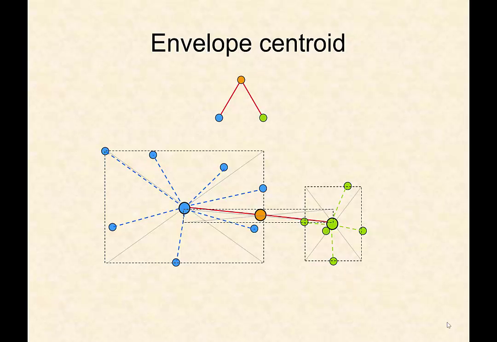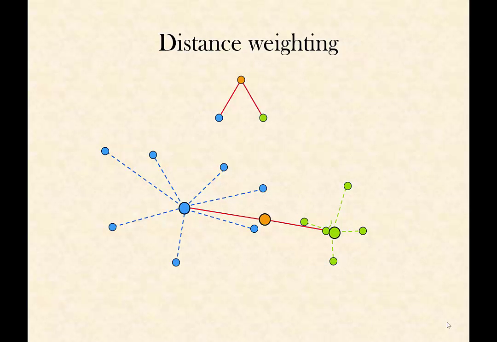So here are our observations. These are where the bears, the tips, were observed. We just do it in the centroid of an envelope. We do the same on that tip there. Here's the tree, and then we locate the orange node in the center of the envelope between these two nodes. Or we could do it based on distance weighting.